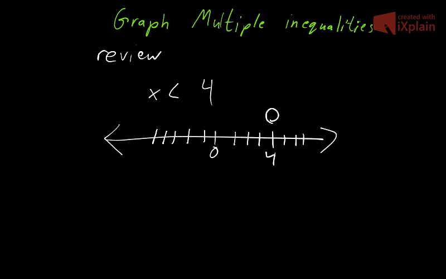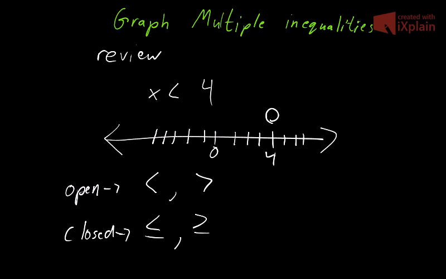Remember that open circles are for less than or greater than, and closed circles are for less than or equal to or greater than or equal to. Because this is less than, we have an open circle, and less than is on the smaller side. So I'm going to use the side that's smaller than 4, just draw an arrow, and I'm done.